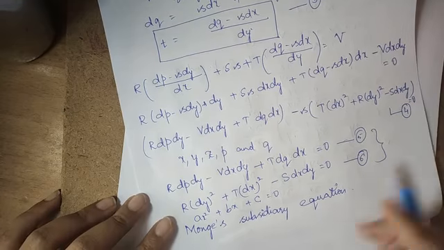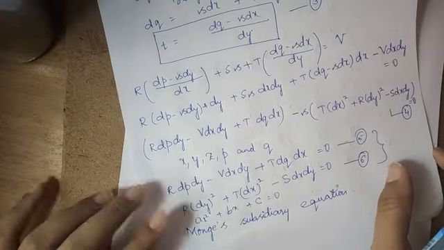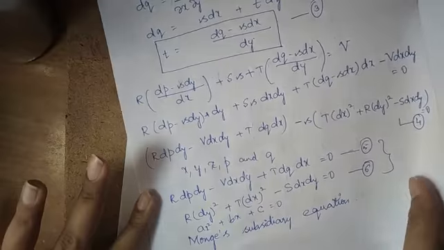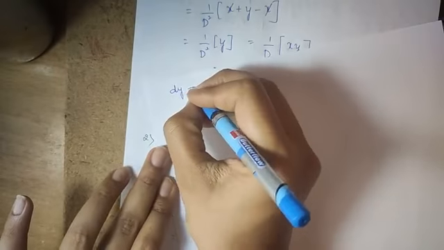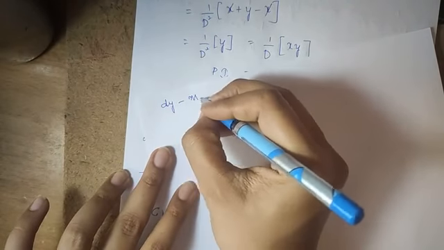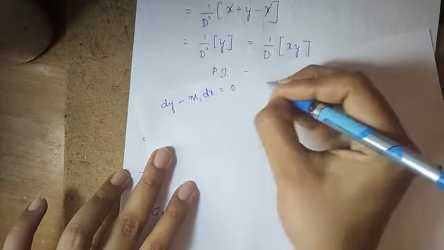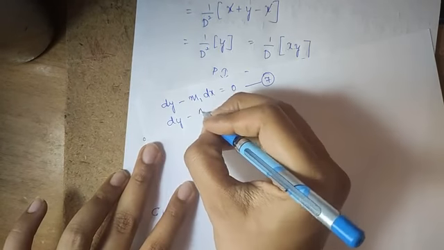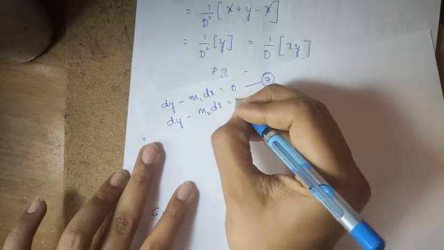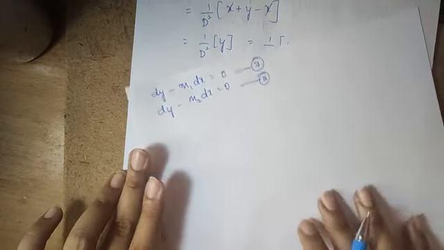Since it is in equation form, I will say you will get 2 linear equations. The linear equations will be of the form dy minus m1 dx is equal to 0, I will call this equation number 7, and dy minus m2 into dx is equal to 0, this is equation number 8.